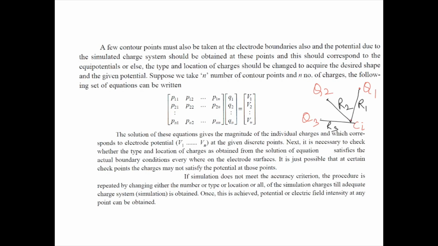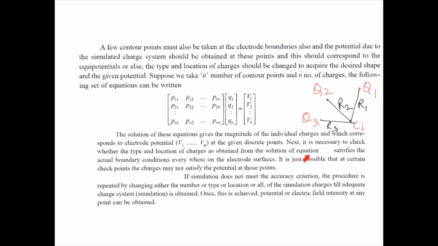So once we get the magnitude of these fictitious charges, it is very important to confirm them. Next, it is necessary to check whether the type and location of these charges as obtained in this step is correct or wrong.